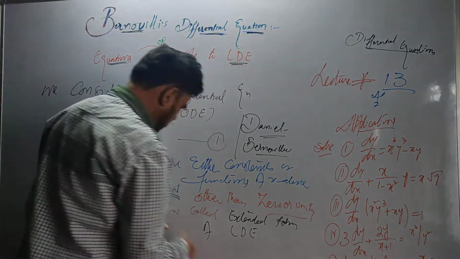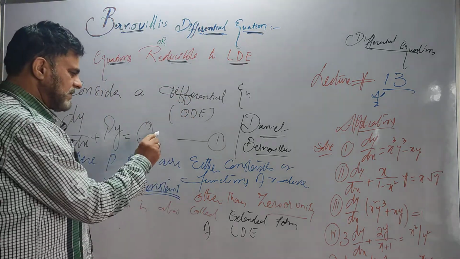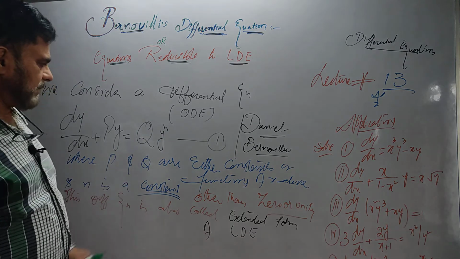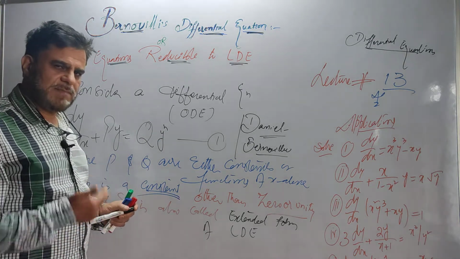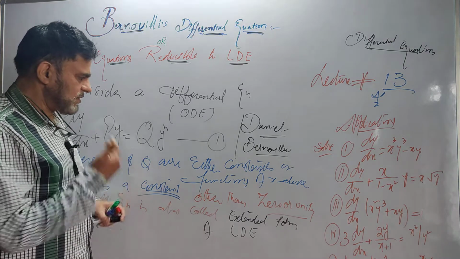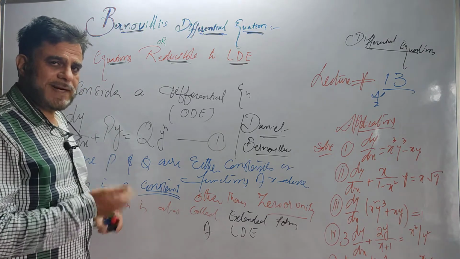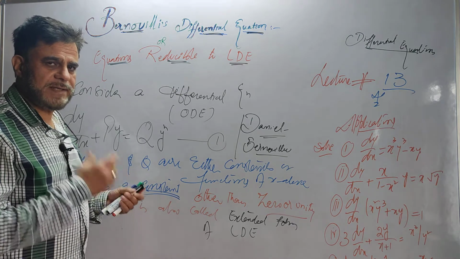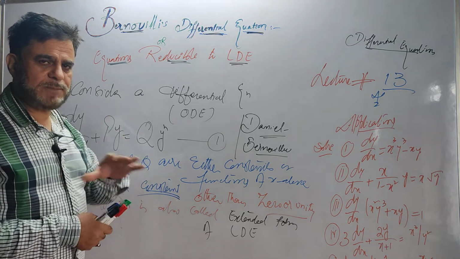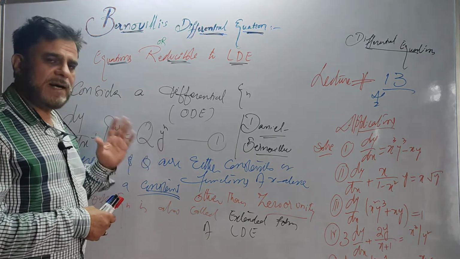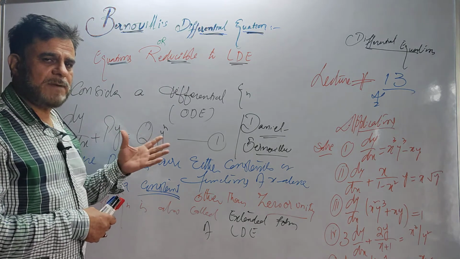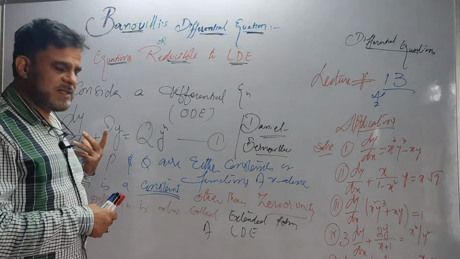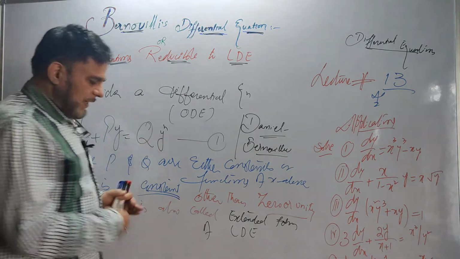But the main thing is the existence of y raised to the power n, which we have to somehow remove. Now we have to see which method we will use to remove it, and what procedures we have. After removing it, do we get the linear differential equation of the previous form?